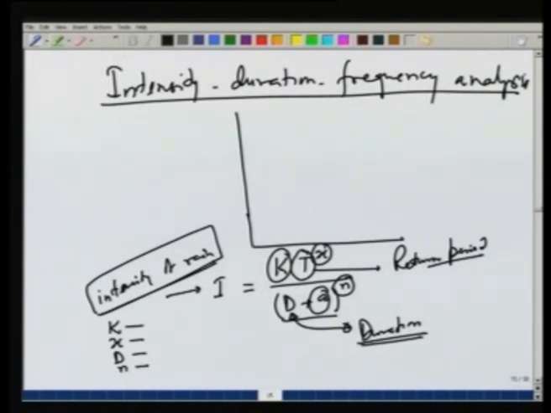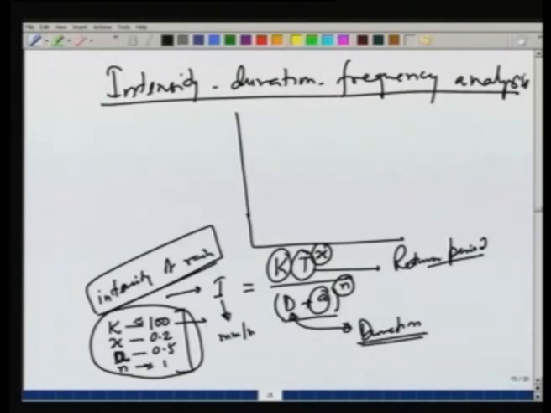Generally, we would use some value about, let us say 100, not exactly, but close to 100 for this, about 0.2, A is about 0.5 and n generally about 1. But there is a wide range, for example, K may vary from 10 to 120 and so on. So, these typical values can be used and this will give us the intensity of rain in millimeter per hour.